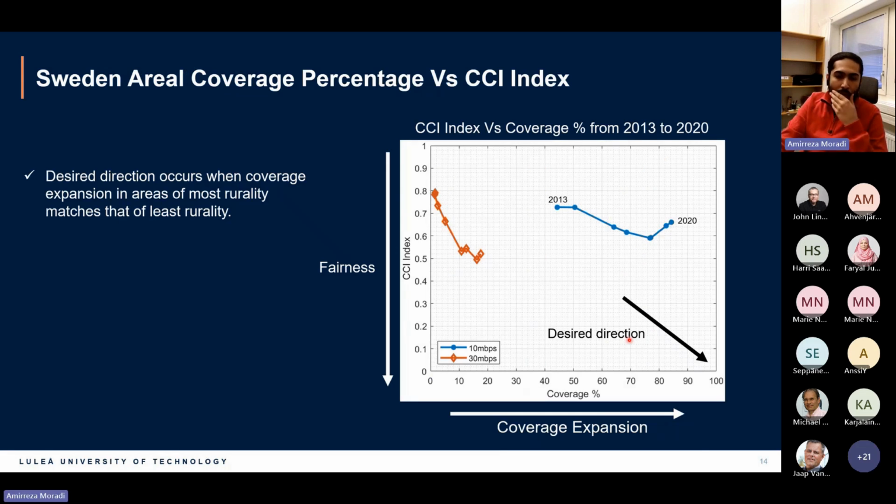Now, we apply the CCI index for Sweden. In this figure, on the horizontal axis, you can observe the coverage percentage, the traditional measure which operators usually use, from 0 to 100%. On the vertical axis, you can observe the CCI index from 0 to 1. 0 means total equality, while 1 indicates the least.